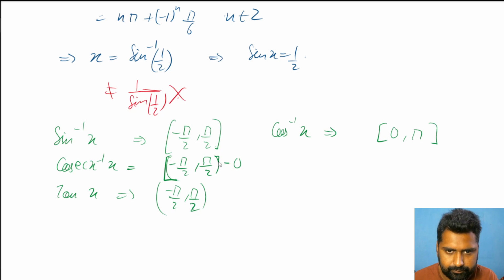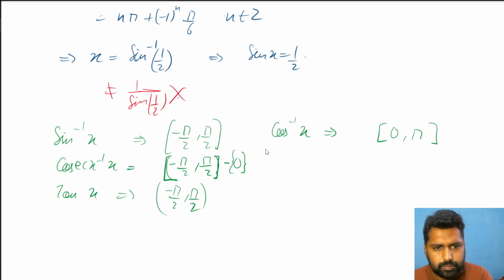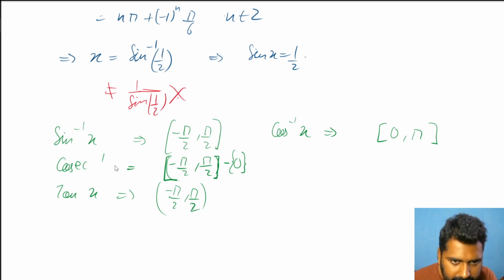The reason is that cosec is never 0, because cosec 0 means 1 by sine 0, and sine 0 is 0, so 1 upon 0 is infinite. That's why you cannot have that for cosec inverse x.